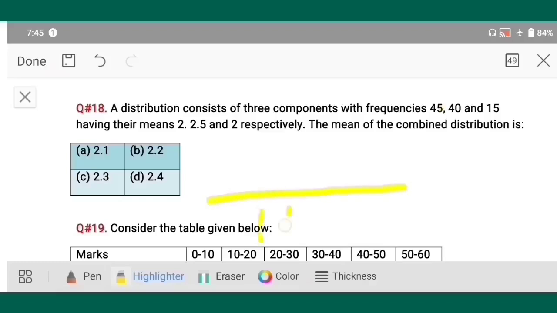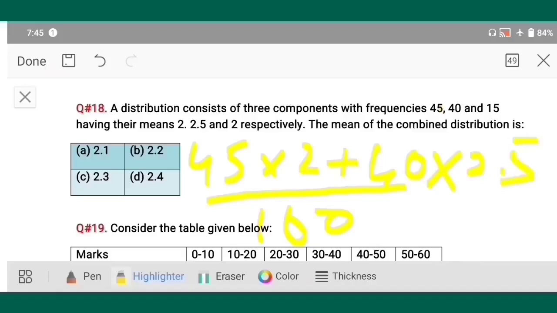So write it down in the denominator, and in the numerator we are going to write down the sum. So multiply 45 with 2, and then write an addition sign, and then 40 times 2.5, and then 15 times 2.